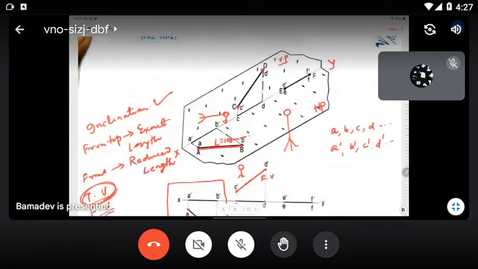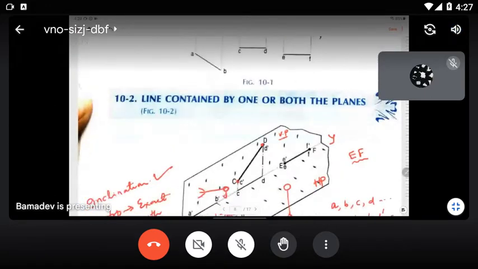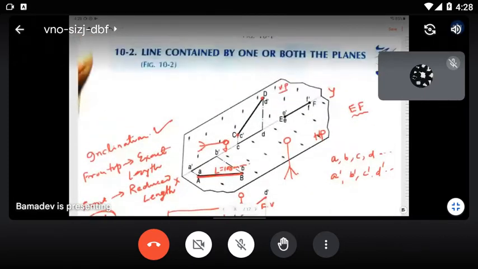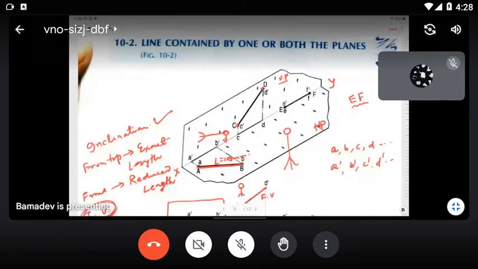Okay, so now you observe the straight line EF, and tell me what its position is, where it is. On the reference line. Exactly, it is on the reference axis. It is lying in both the reference planes, that means at the intersection.